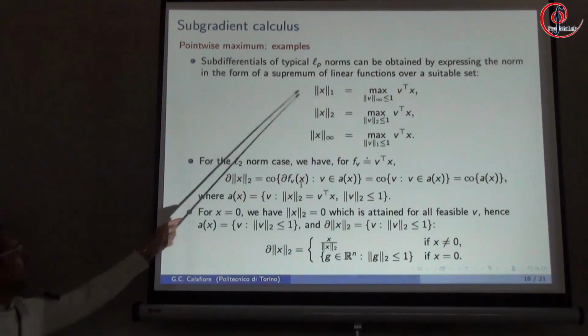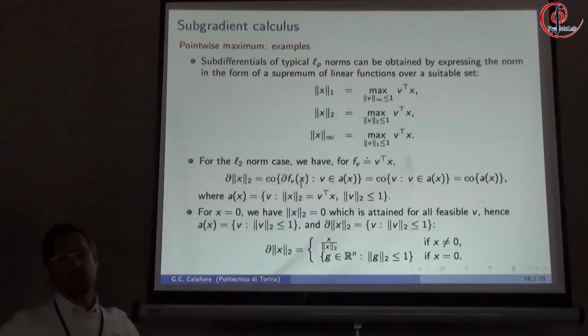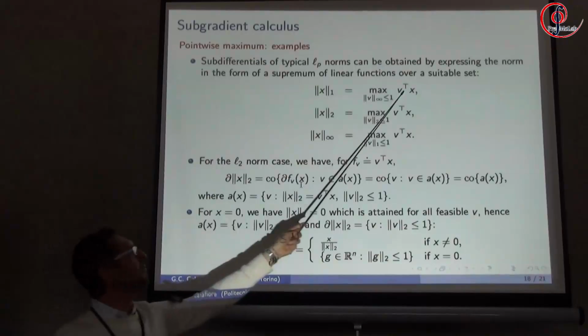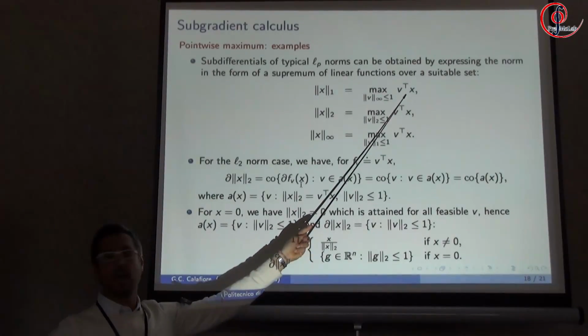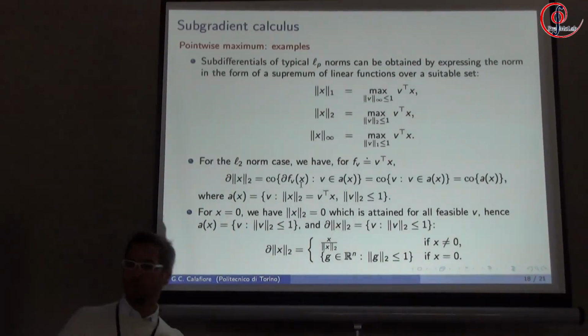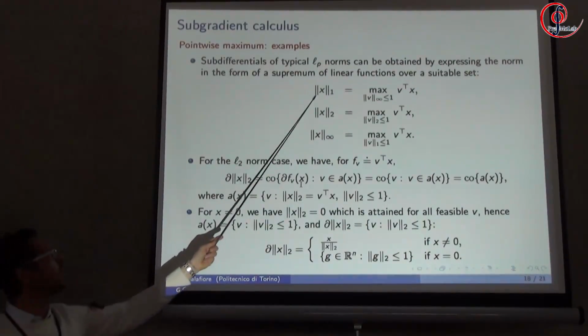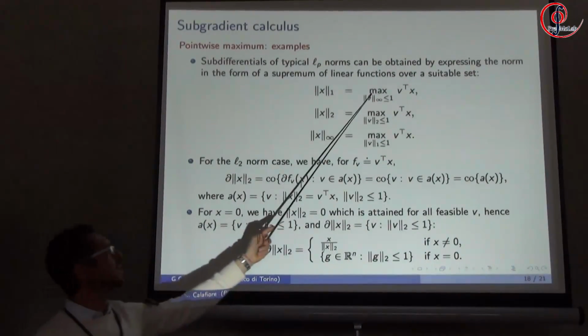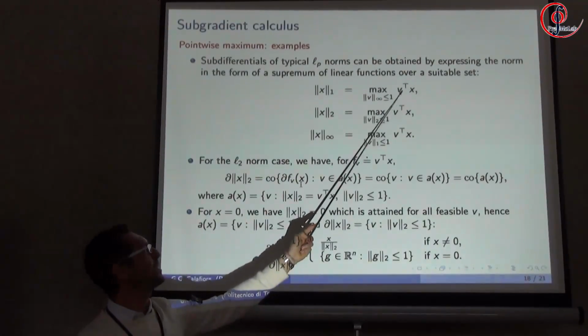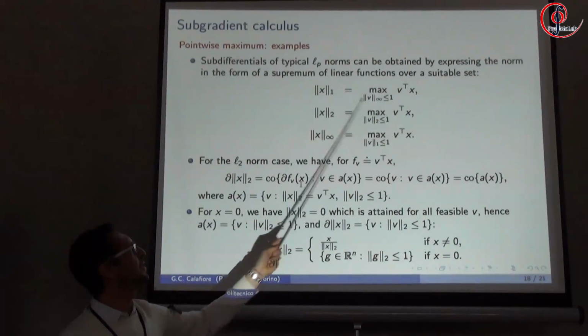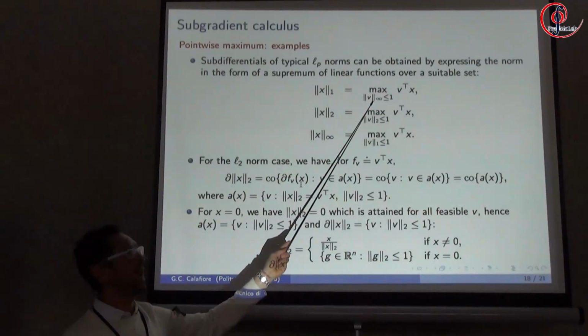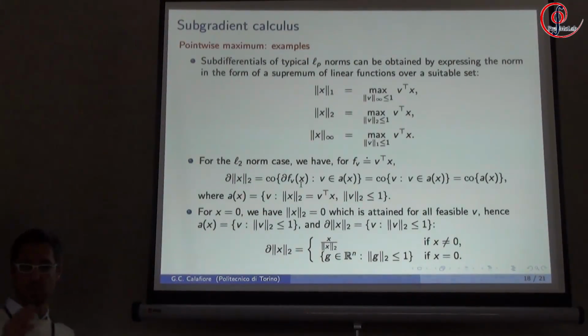So anyway, all these three norms have a so-called dual representation. We can express a norm as a maximum of a linear function over a so-called dual norm set. So for instance, the L1 norm can be expressed as the maximum of v transpose x for v that ranges in the L infinity unit ball.